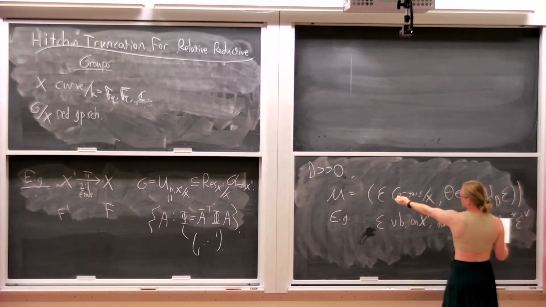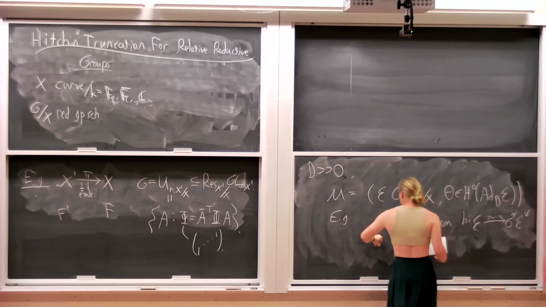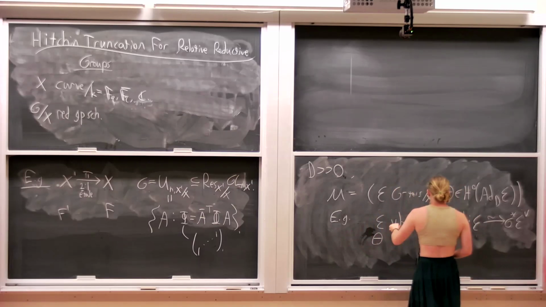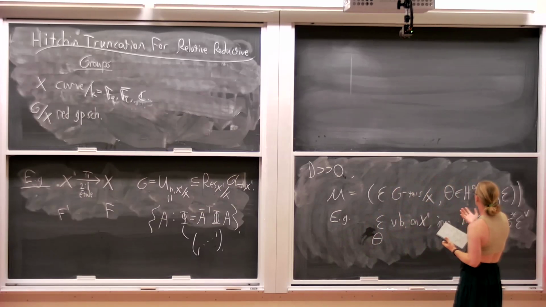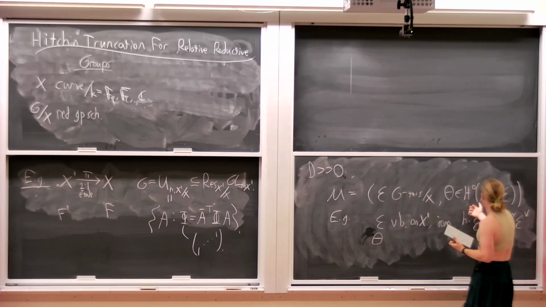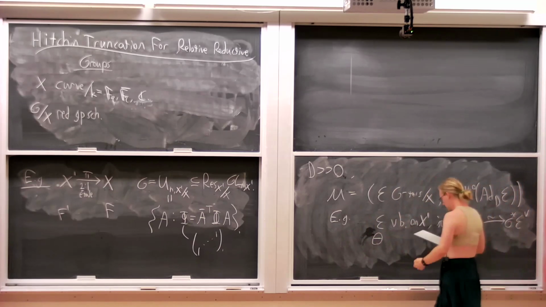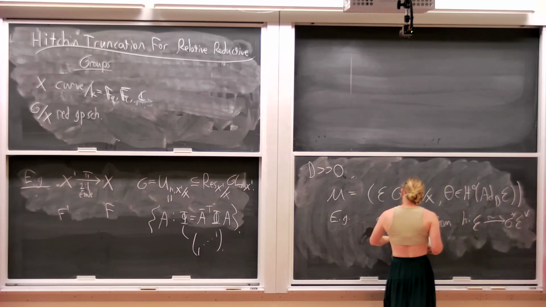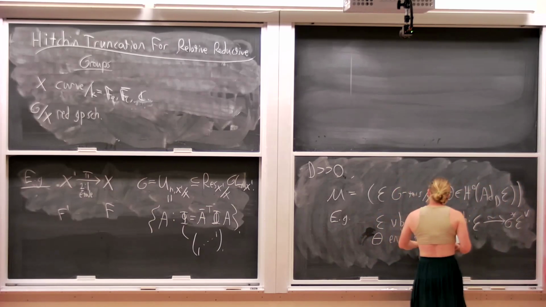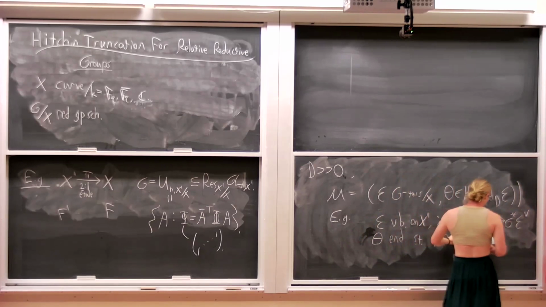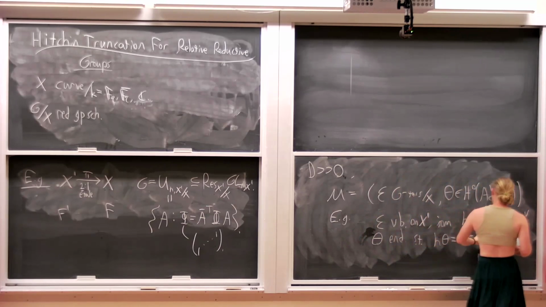So that's the data of a unitary torsor. And then the theta is, well, sorry, what do I mean? It's just going to be an endomorphism that is compatible with duality under this. Maybe I'll say it should be skew symmetric in the usual Lie algebra sense.